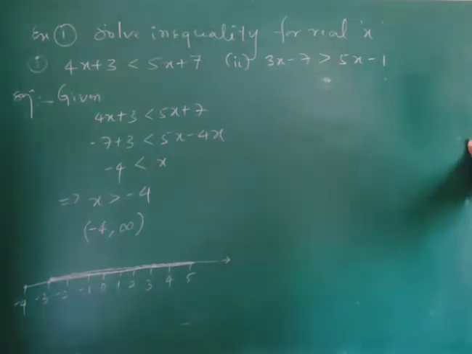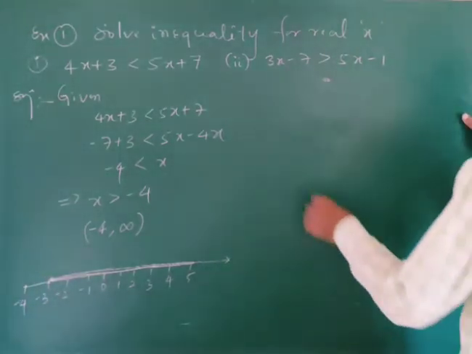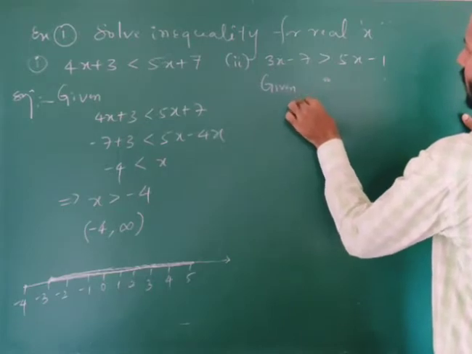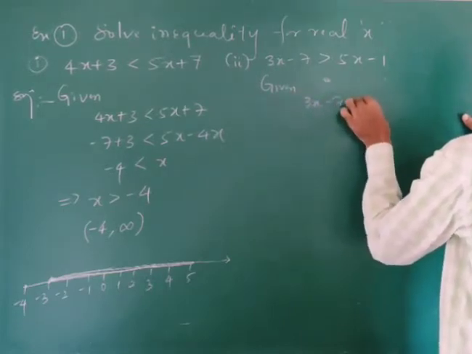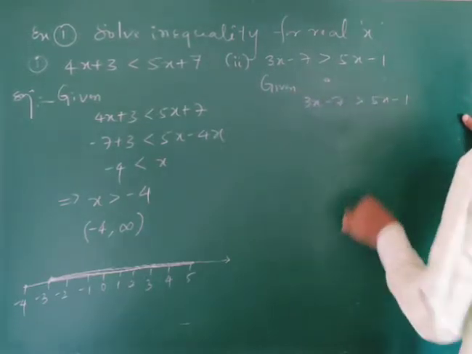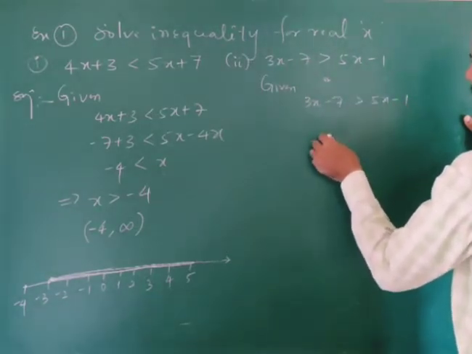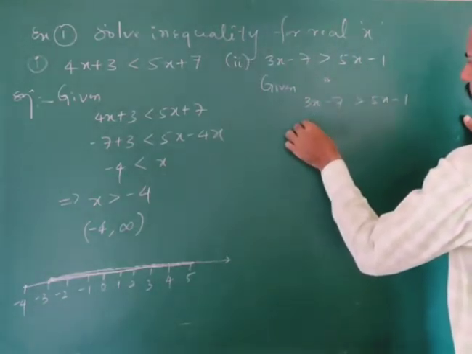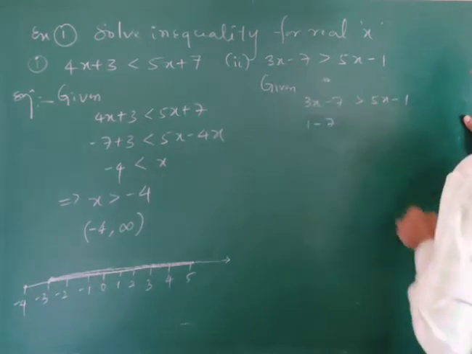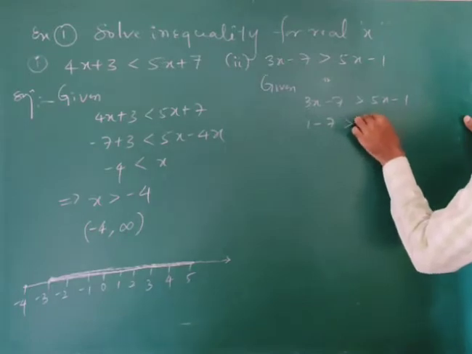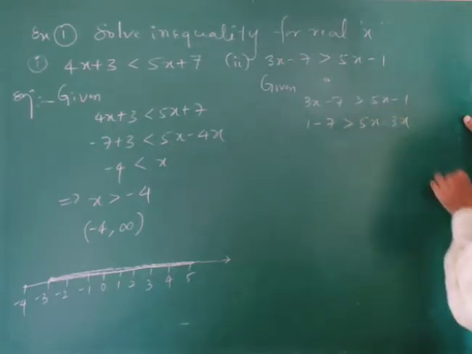Similarly, if we solve the second one, given is again here 3x minus 7 greater than 5x minus 1, right? Now here also plus 7 I take on the other side, and minus 1 comes, it becomes 1 minus 7, which is greater than 5x minus 3x.